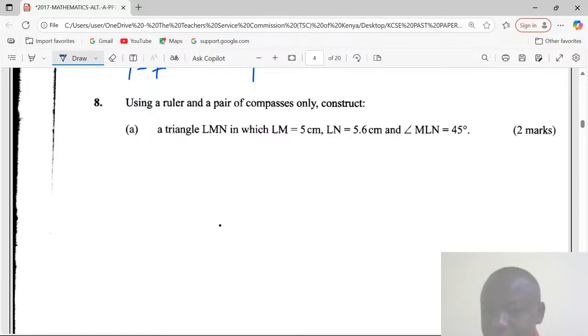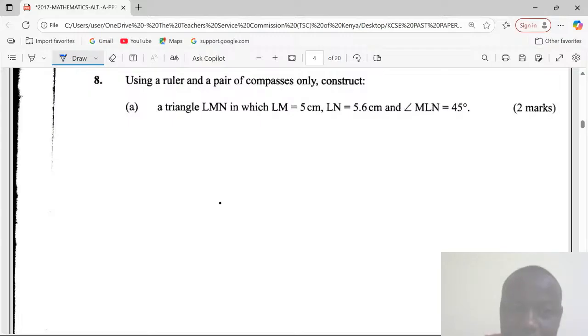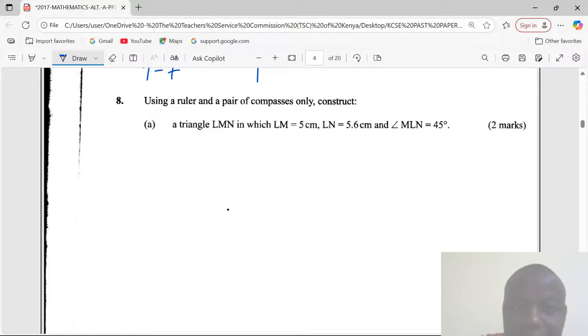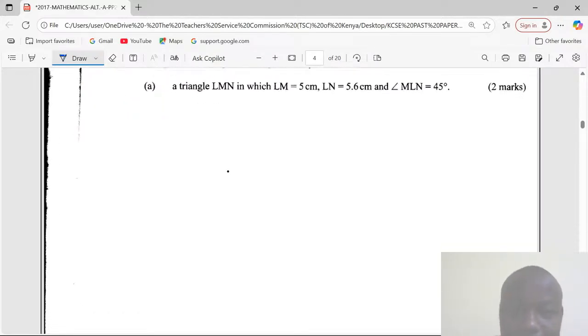So let's look at this construction. The first thing, we come up with the line LM.